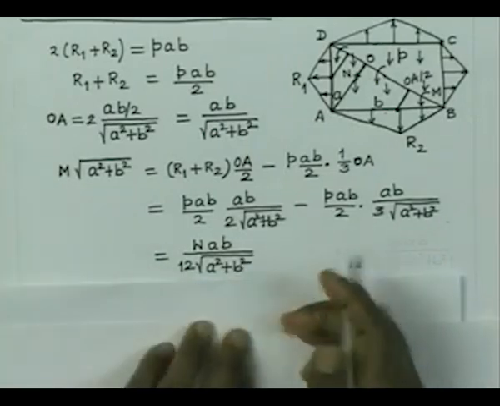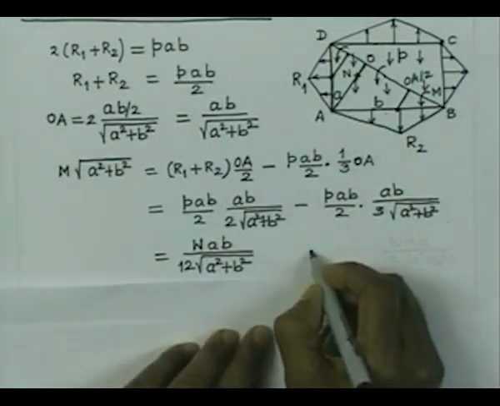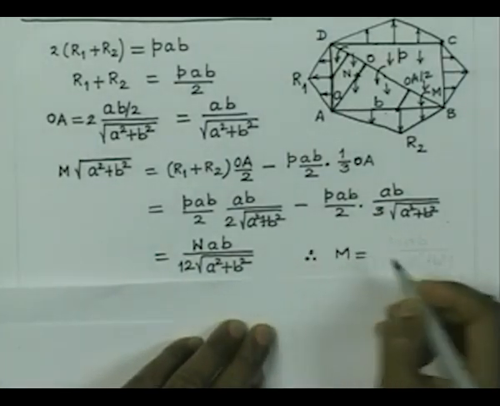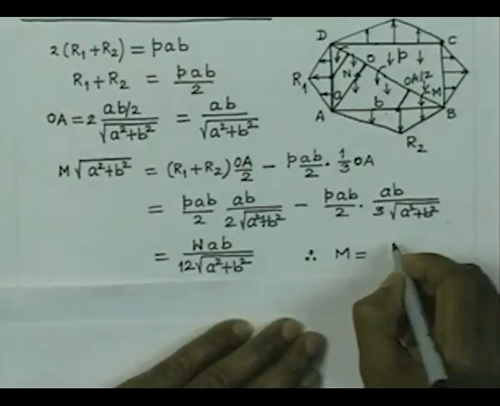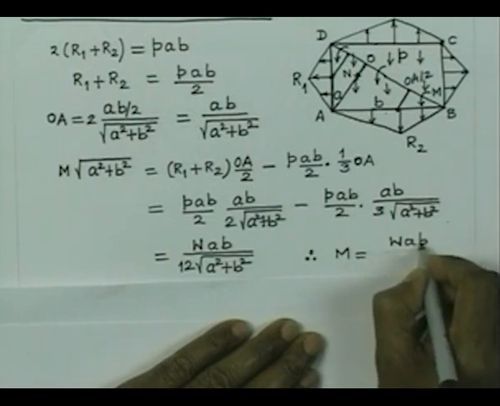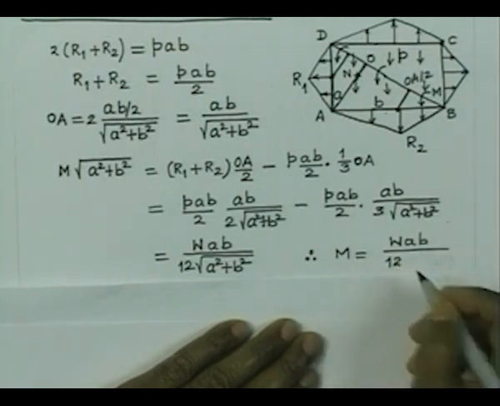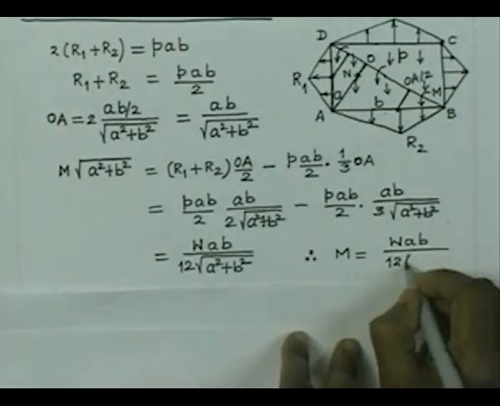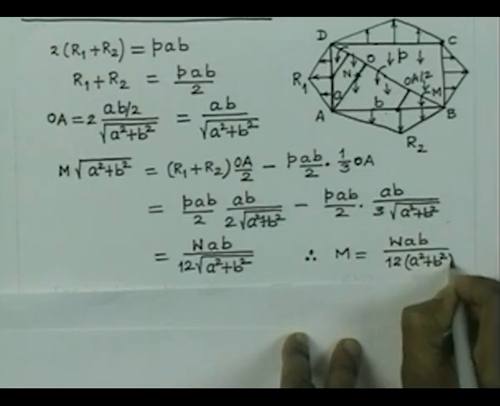So, that is the total load due to P, and hence M, the intensity per unit length of dB, is nothing but WAB divided by A square plus B square.